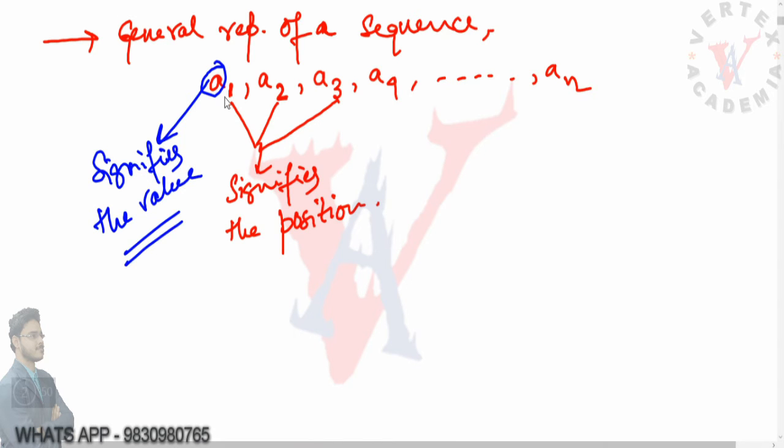So the elements are A1, A2, A3, where A1 is the first element, A2 is the second element, and their values are represented here by A.